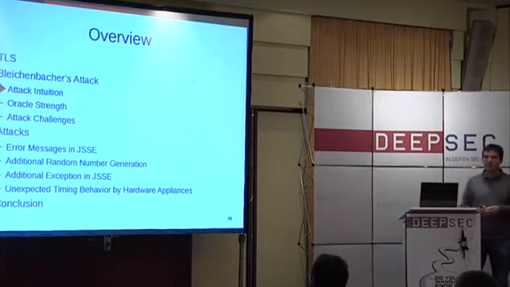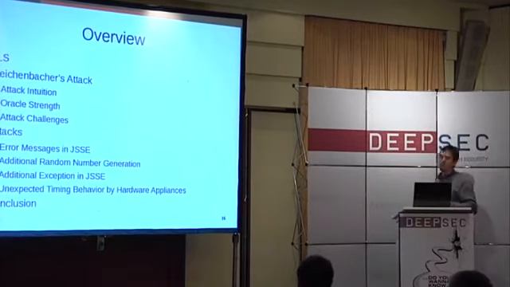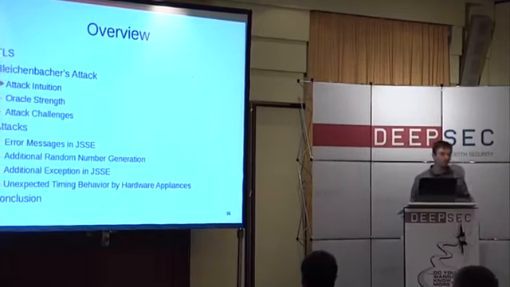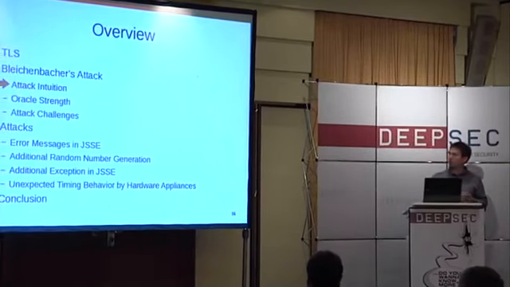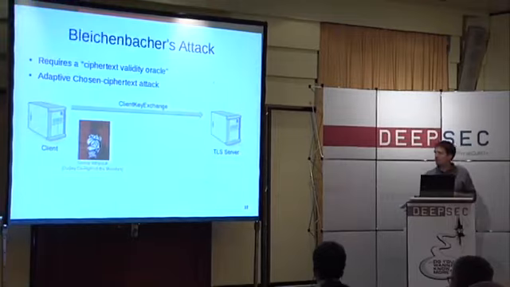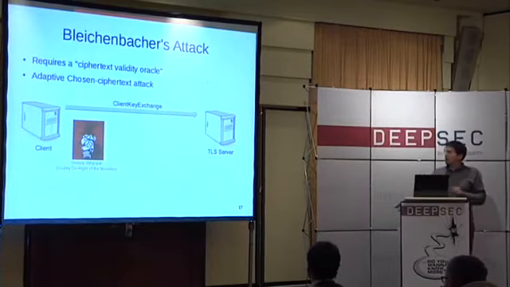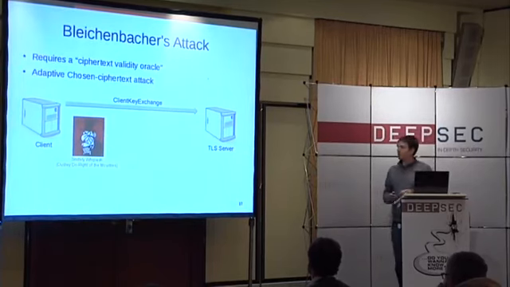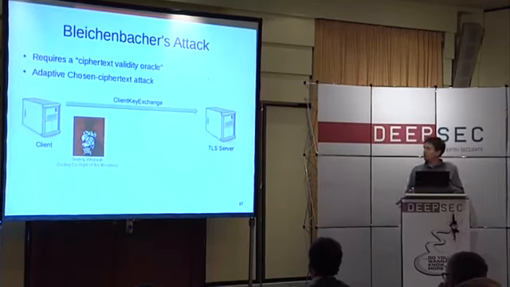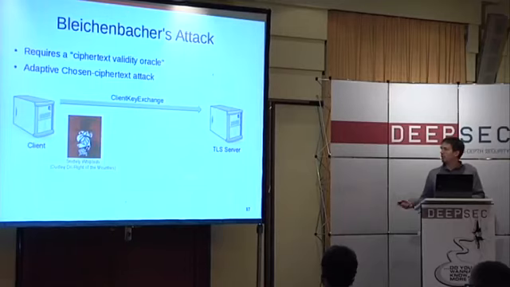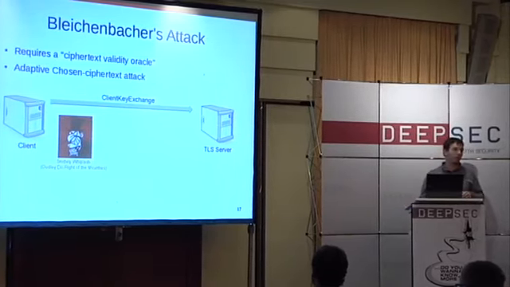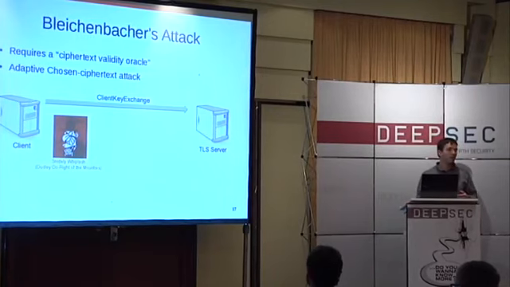In order to present the attacks, I will give you some attack intuition, how the Bleichenbacher attack works. I am trying not to go into much detail. So imagine we have a client and a TLS server, and the client sends the client key exchange message, this RSA encrypted message.